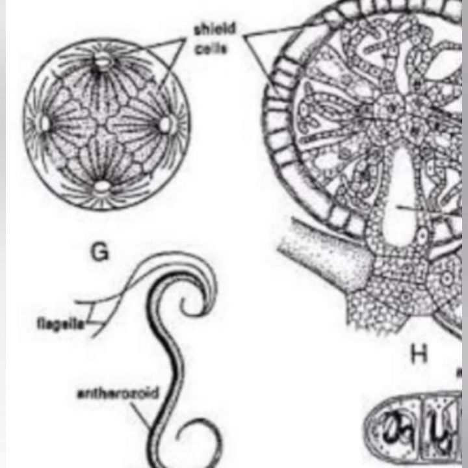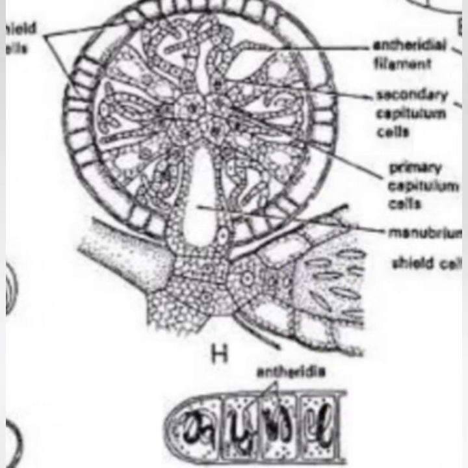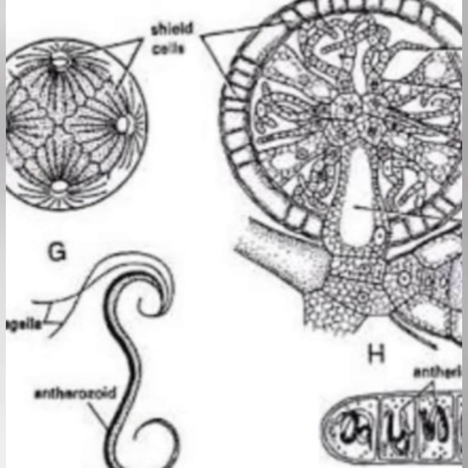So it is biflagellate and it is spirally coiled. The process of this antherozoid development is termed spermatogenesis.